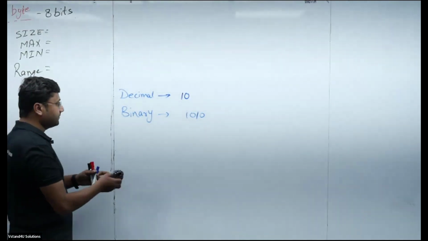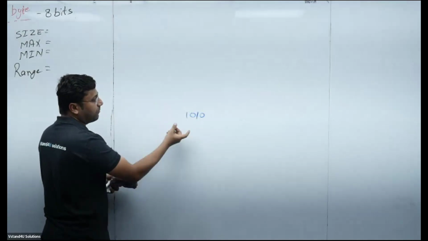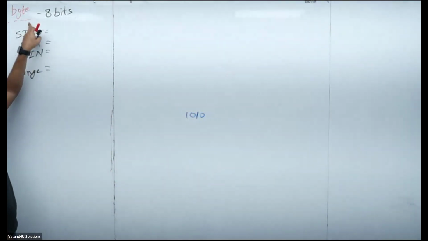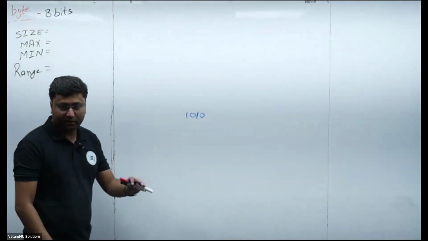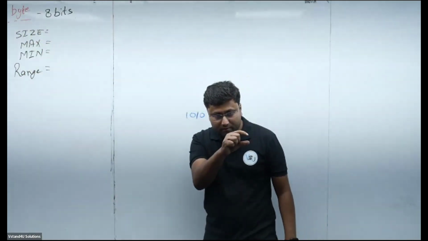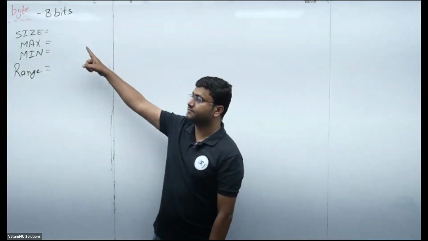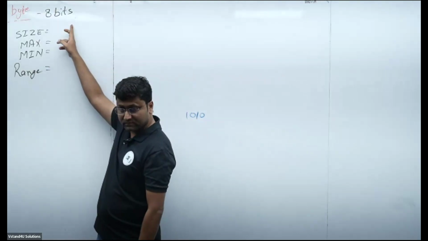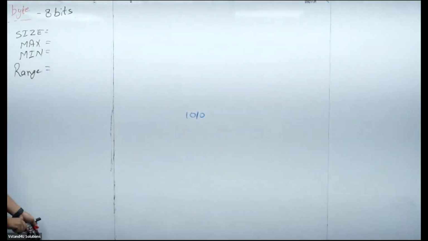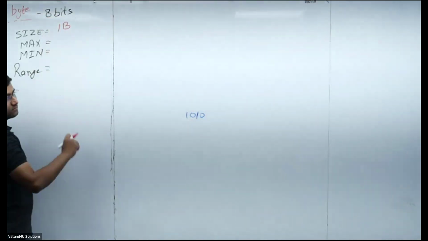Try to understand. Sir, how many combinations of 0 and 1 can be stored in the byte data type? Are you getting my point? The size is in bytes. In byte, the size will become 1 byte. 8 bits is what? 1 byte.